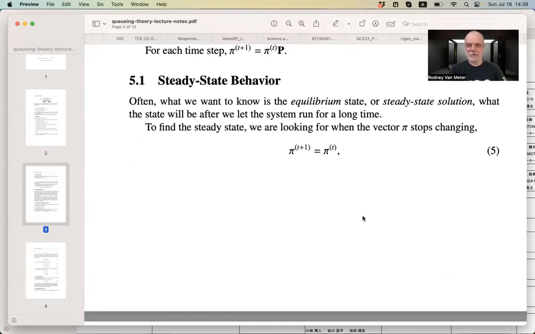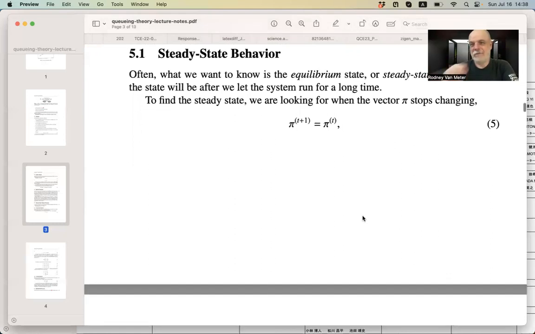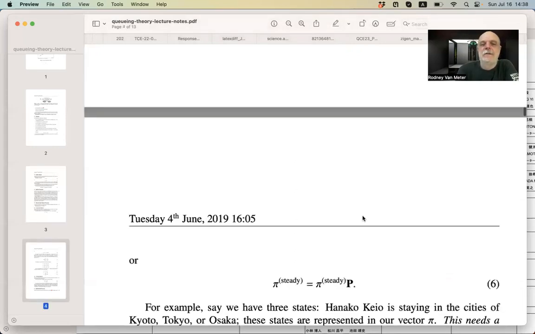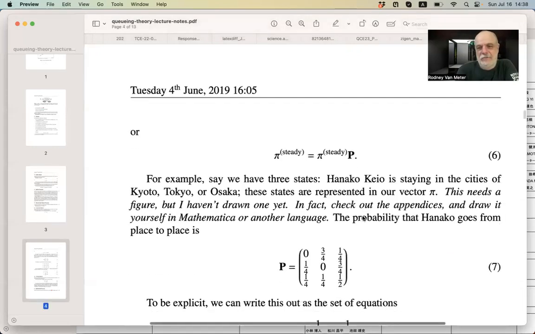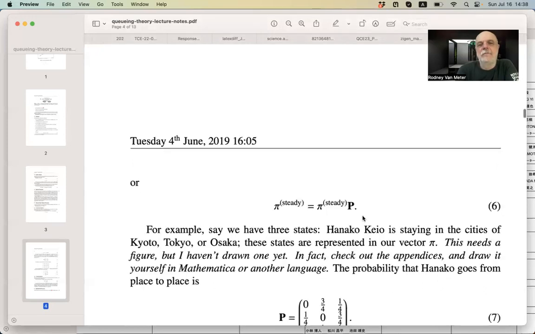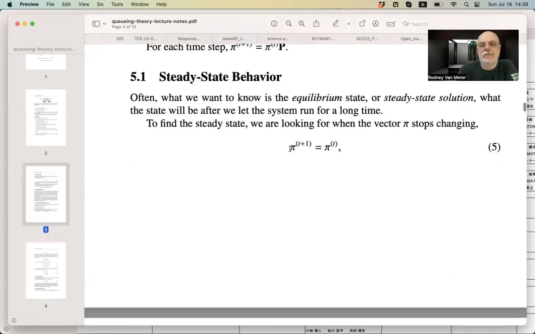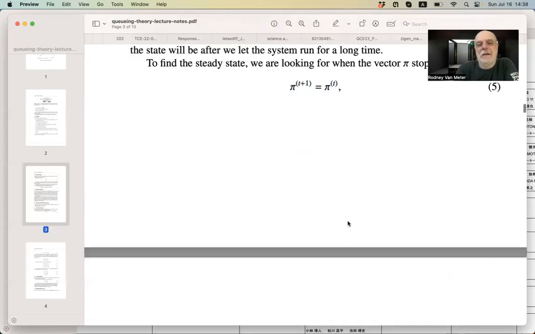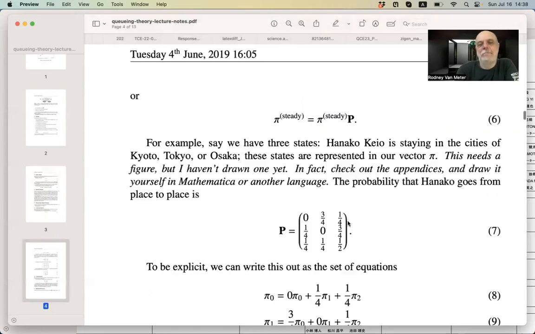That should also tell you right away that if this pi corresponds roughly to the population vector in that rabbit population example, what we're looking for here are eigenvectors of the system such that pi of t times P equals pi of t.